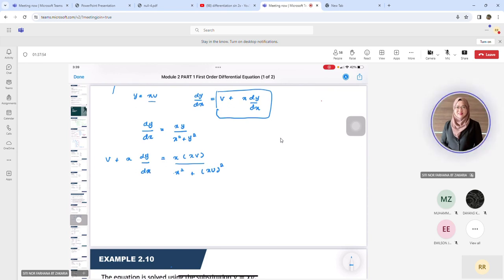Okay. So this one will become x power of 2 v over x power of 2 plus x power of 2 v power of 2. And then this one. Okay.